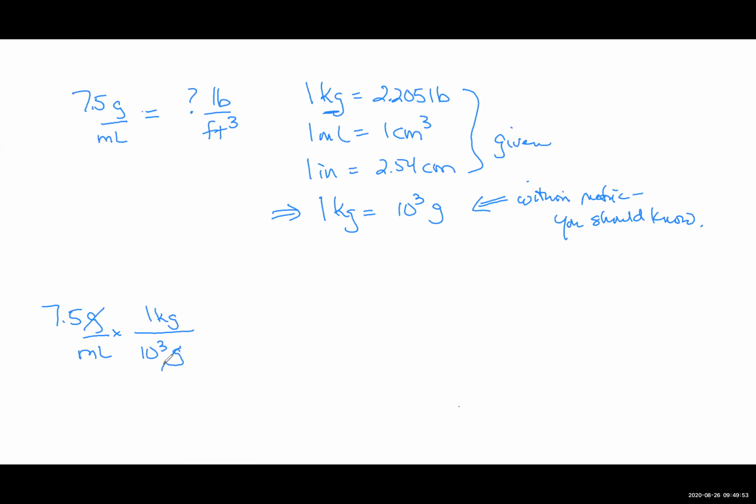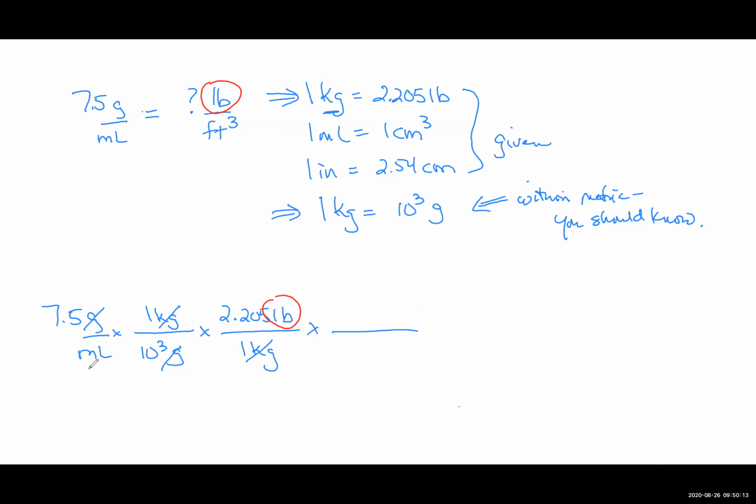Grams is now gone. But I don't want kilograms, I want pounds. So I also know this relationship: 1 kilogram is 2.205 pounds. Now kilograms will be gone. Now I'm in my unit of pounds. I'm asked for pounds and I now have pounds. So that's good. I'm done with the top.